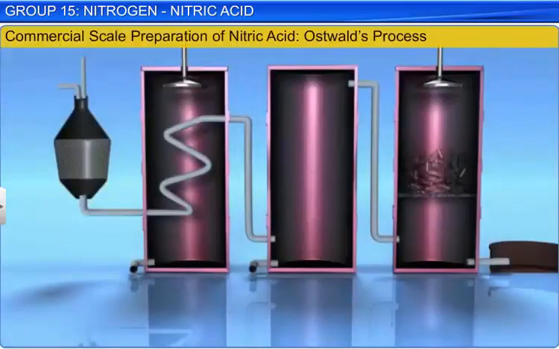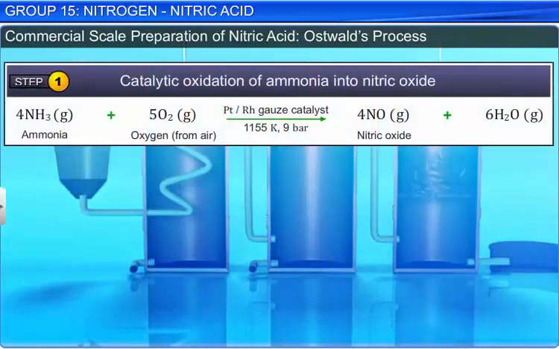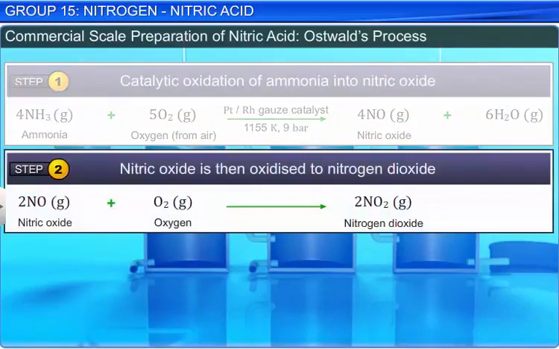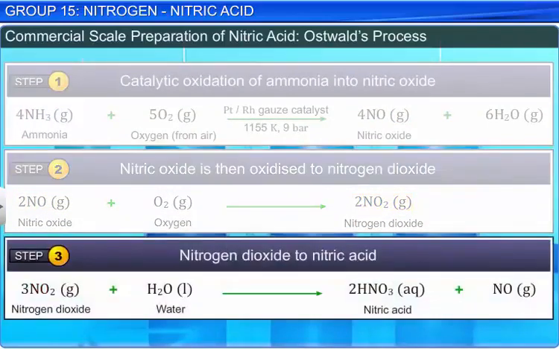On a commercial scale, it is prepared by Ostwald's process. The first step in this process is the catalytic oxidation of ammonia into nitric oxide. The nitric oxide is then oxidized to nitrogen dioxide, from which nitric acid is formed.